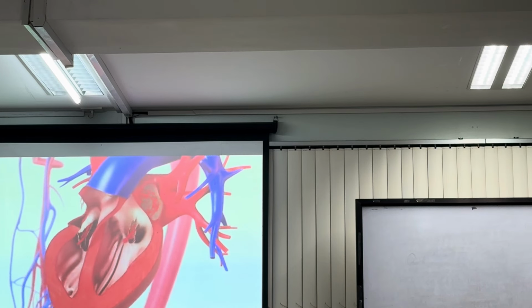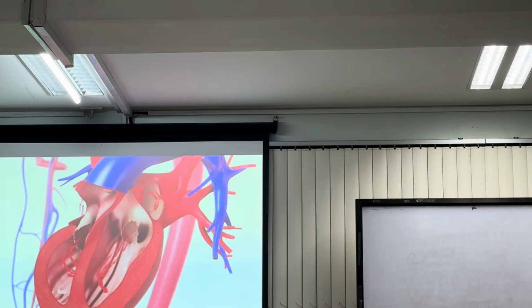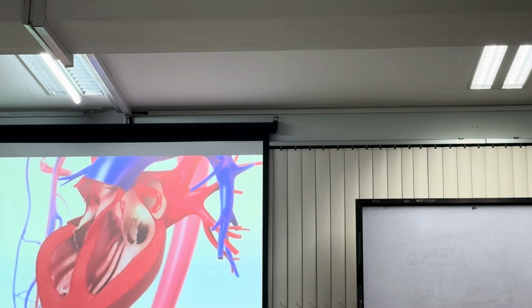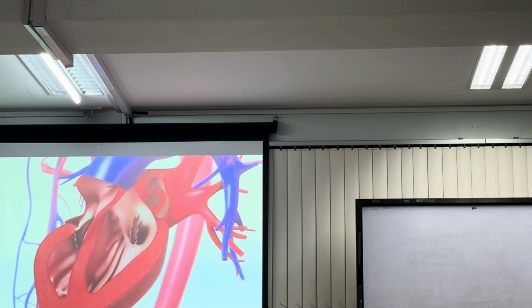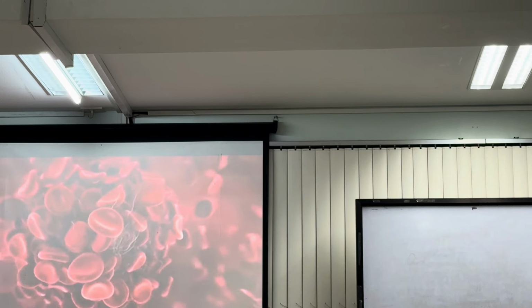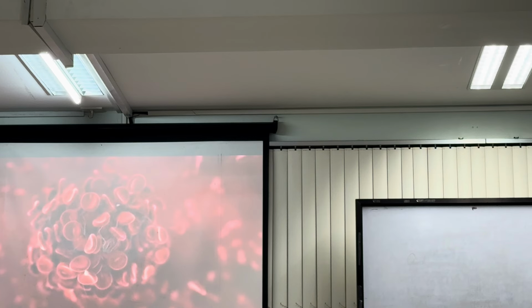In AF, the heart works less effectively as a pump, with the result that there are areas within the heart where blood flow is slow or stagnant. Where this happens, blood clots can form, and these account for the increased risk of stroke associated with AF.